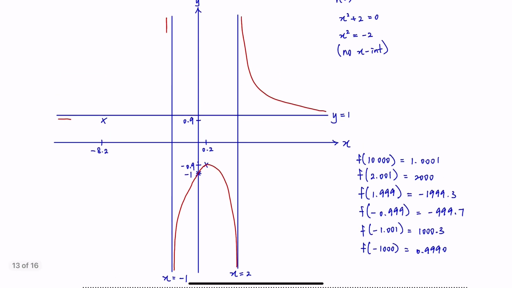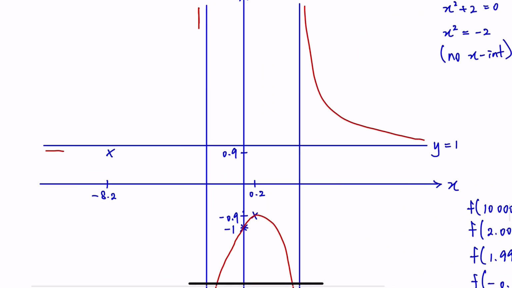And we know that there's a stationary point here. So the graph should look like this. This should be the lowest point and it's slowly increasing, but it doesn't touch the asymptote.